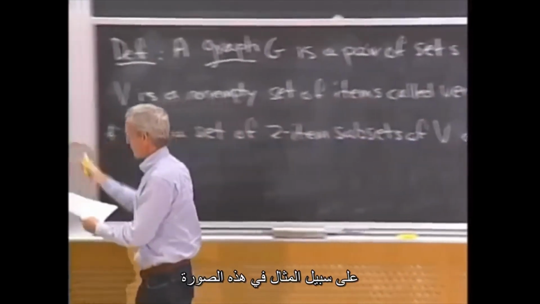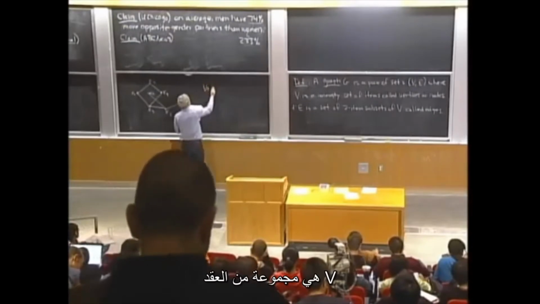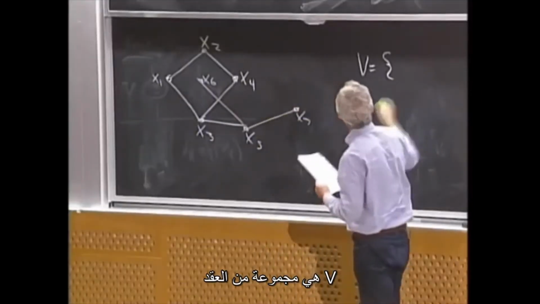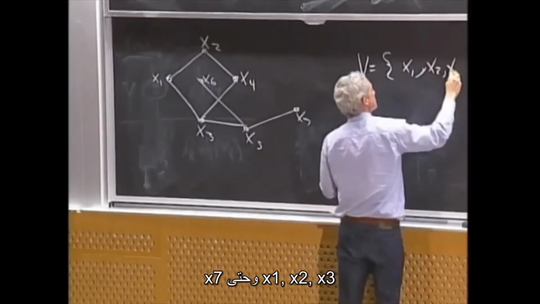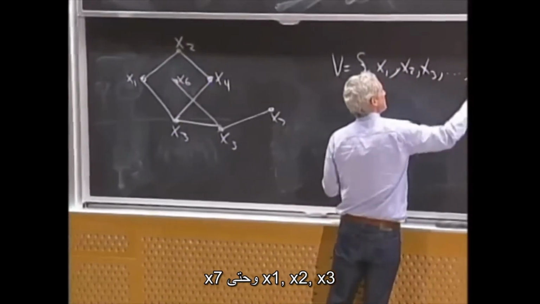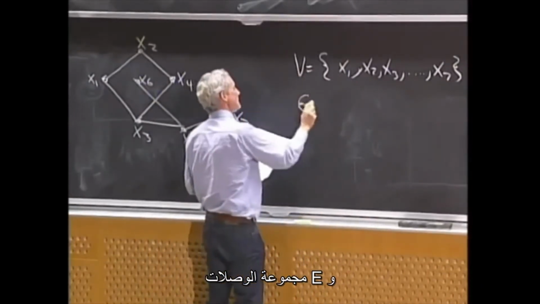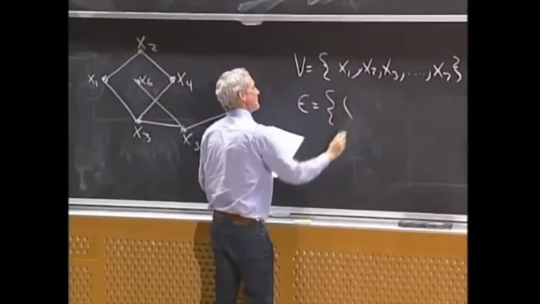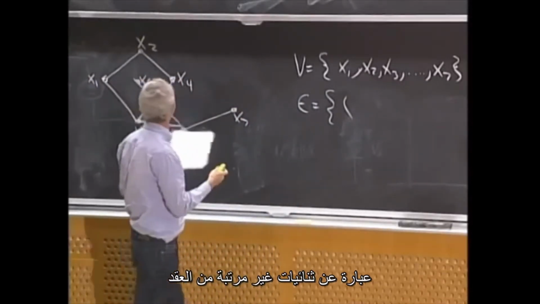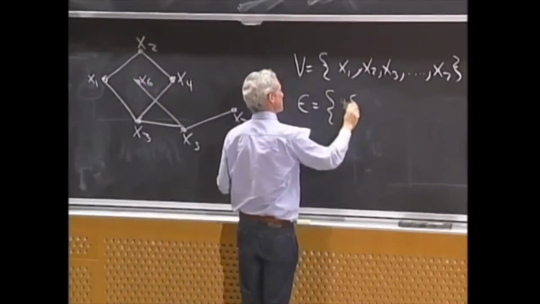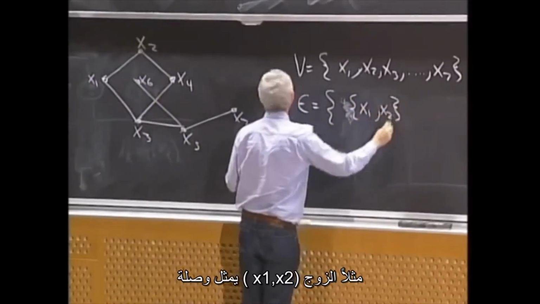So for example, over here in this picture, V is the set of nodes is x1, x2, x3, up to x7. That's the nodes. And E, the set of edges, is pairs, unordered pairs of vertices. So for example, x1, x2 is an edge.